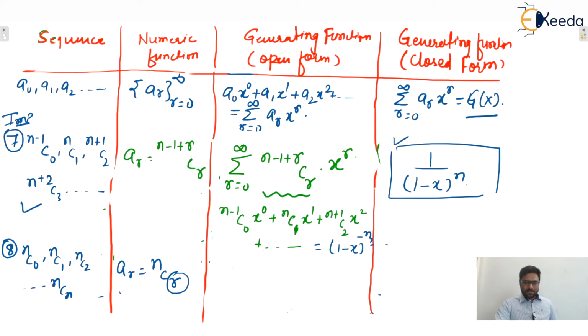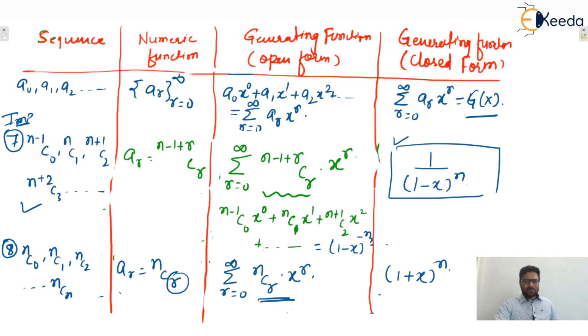Okay. So we can write it like that, r equals 0 to infinity, and this is nCr into x raised to power r. And you know very well what is the sum of this one. The sum of this one is 1 plus x raised to power n.